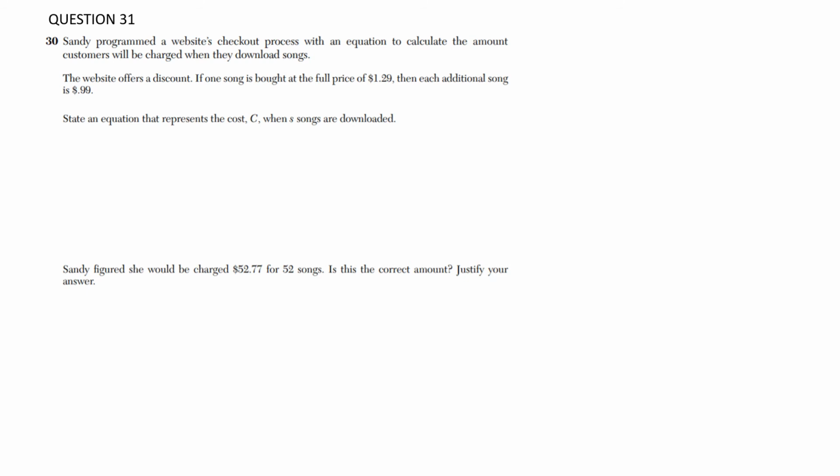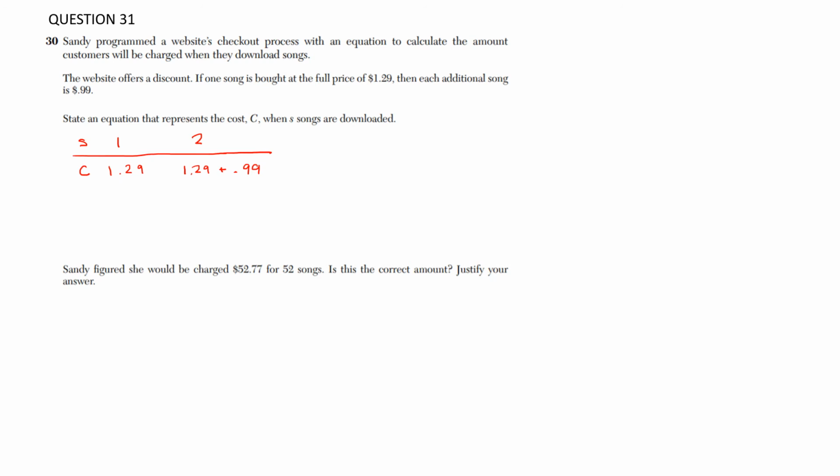So let's draw a table to visualize what this means. When you download one song, this is S, you're charged $1.29. This is going to be C. And then when you download two songs, it's $1.29 plus the 99 cents, right? So let's convert this into an equation.